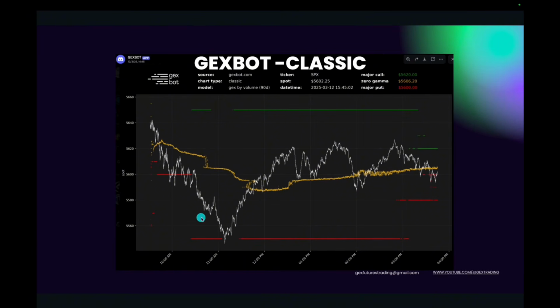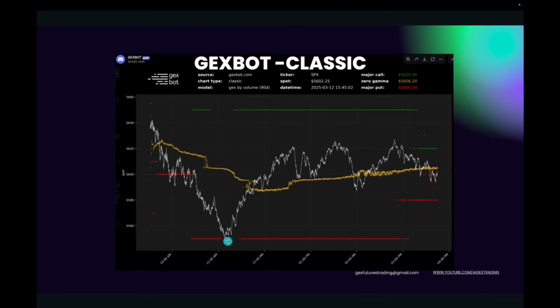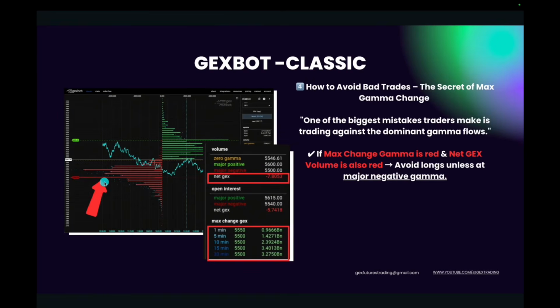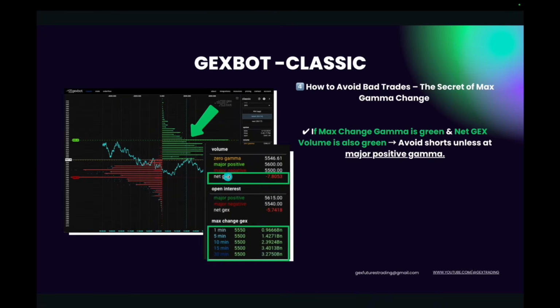You don't go long anywhere here. If the net gamma is negative and all the max change is negative, you only go long when you hit your max negative gamma, which is this one.